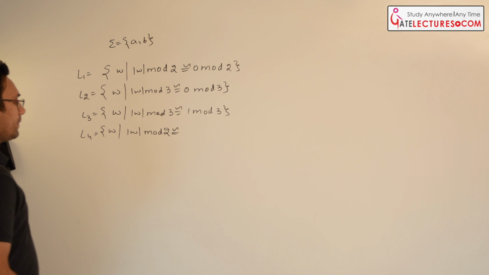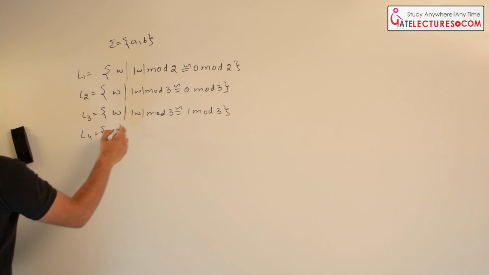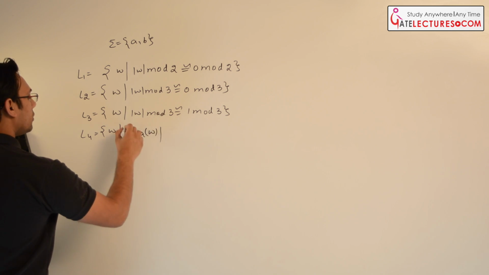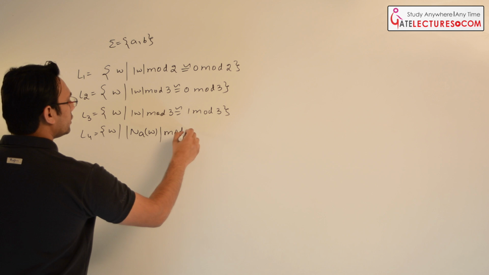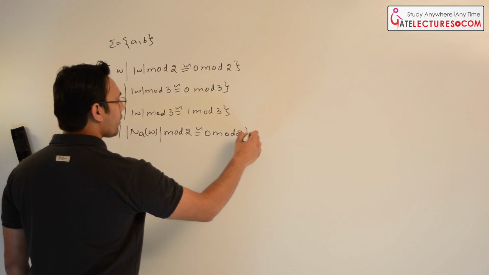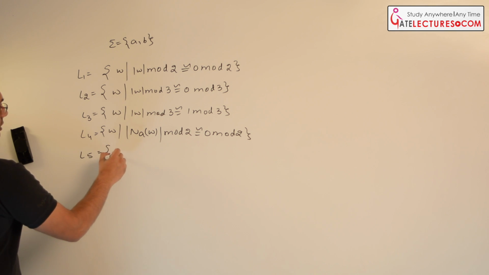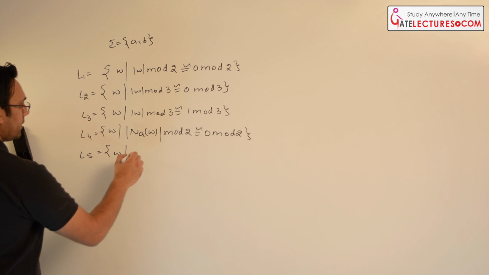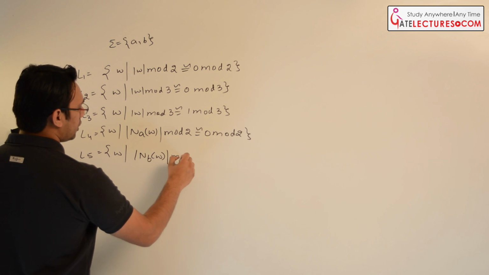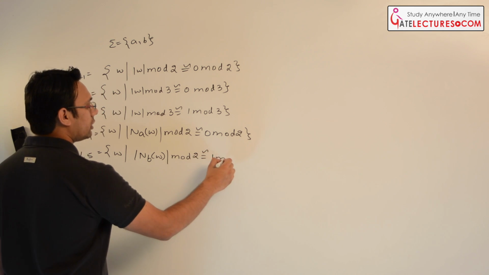number of a in W mod 2 is congruent to 0 mod 2. We can have language L5 as W such that number of b in W mod 2 is congruent to 1 mod 2.